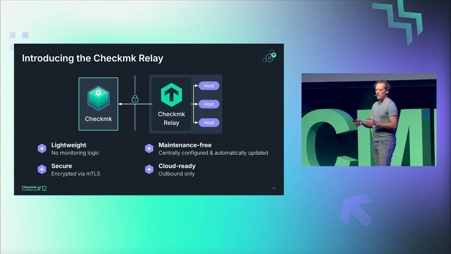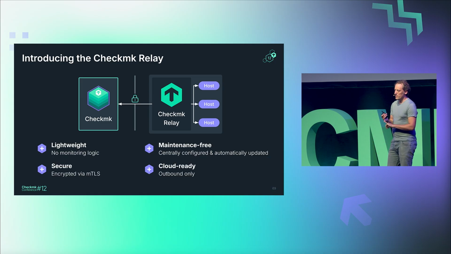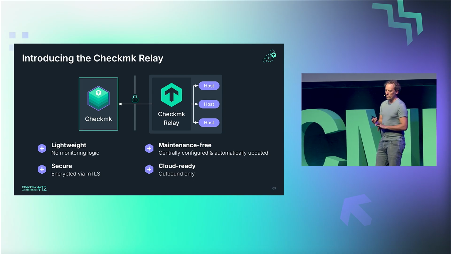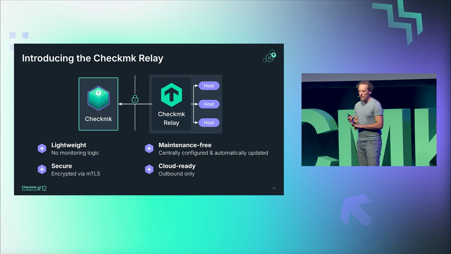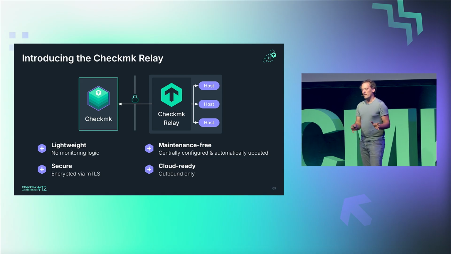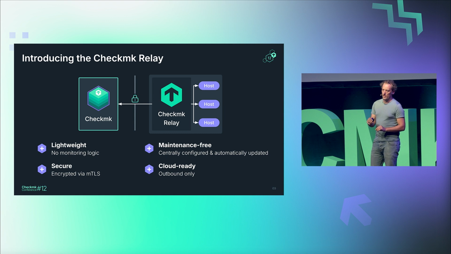That means it's lightweight because there is not any monitoring logic in it. We really just fetch the data and push it to the site. It's encrypted via mTLS. It's maintenance-free because you configure it via the site and it will be automatically updated. And it's cloud-ready in the sense that it's outbound only. That's important for your cloud situation because the relay connects to the site and pushes the data, always in that direction.